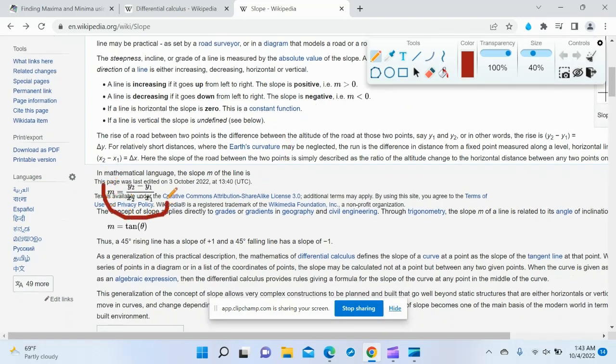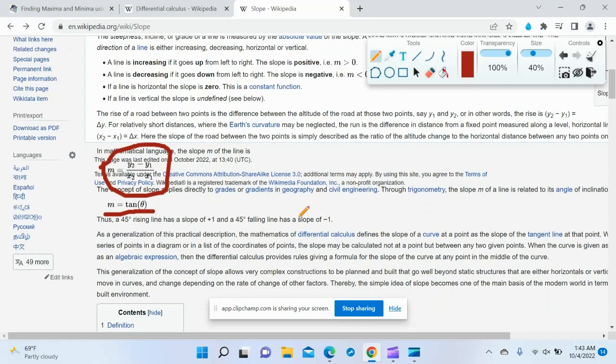So, slope is m. Here m is the slope, and slope is equal to (y2 minus y1) by (x2 minus x1). We also call it tan theta.